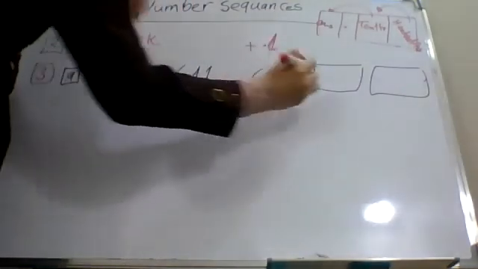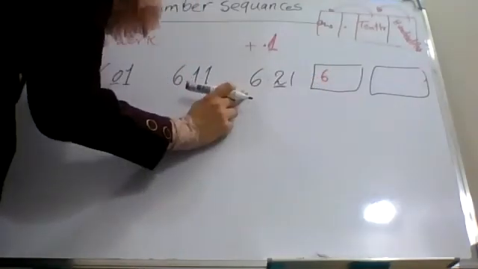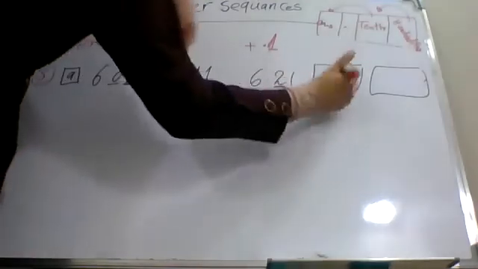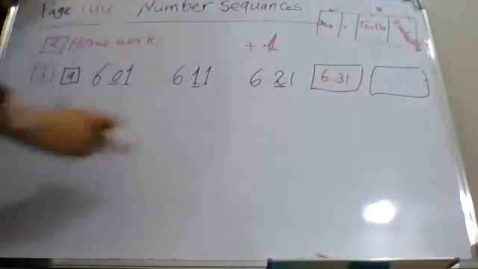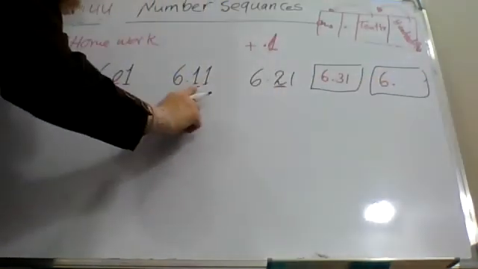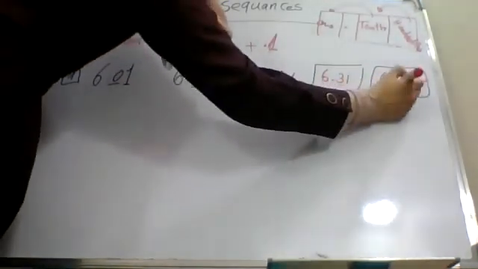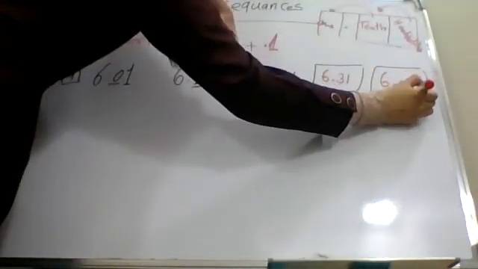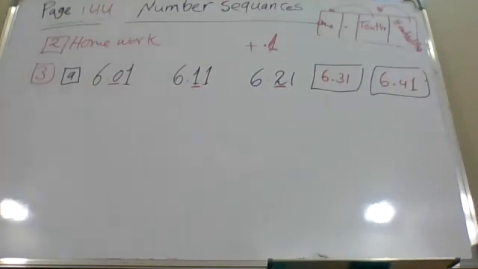So the next number is going to be 6, it's the same, point, here it's 0, 1, 2, now I have 3, 1 is the same. And the next number is going to be 0, 1, 2, 3, and I have here 4, and no change on the 1, it's the same each time, okay? So it's 6.41. So these are the missing numbers.